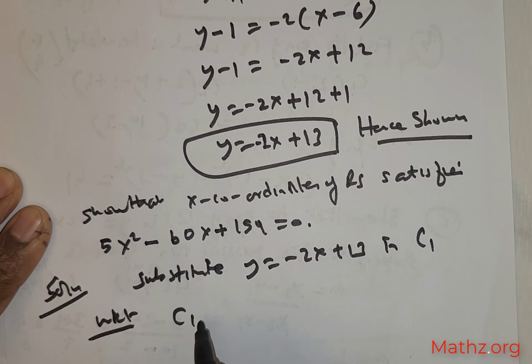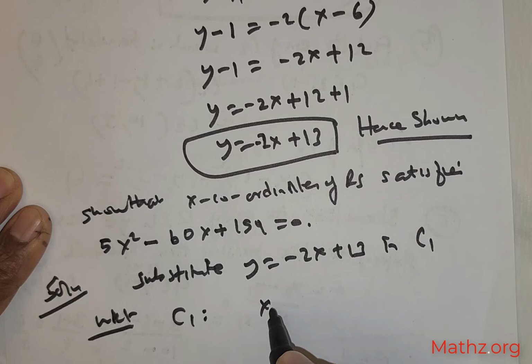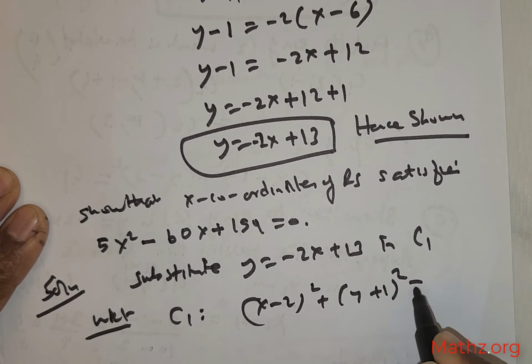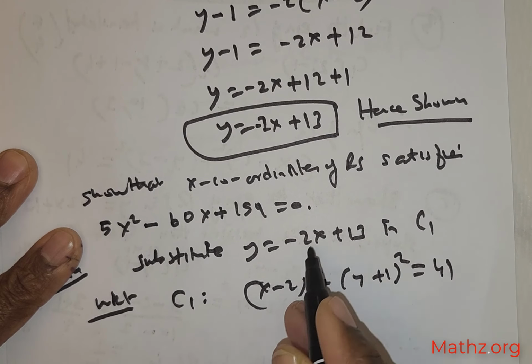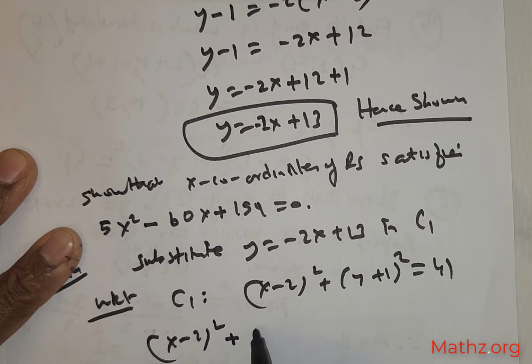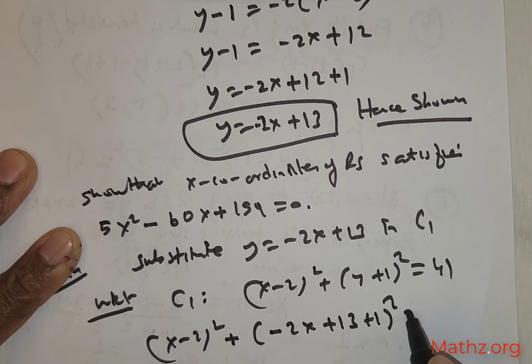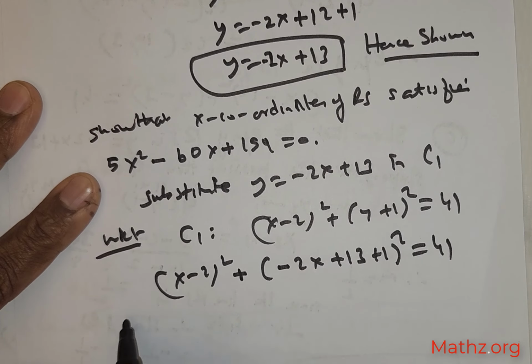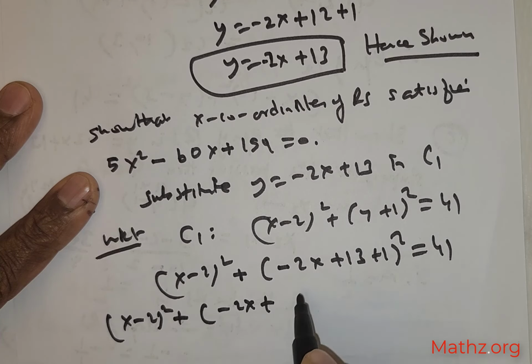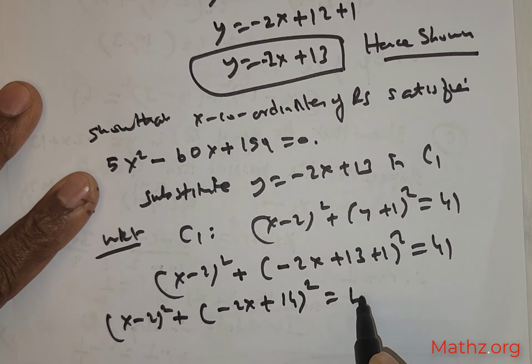So what is C1? (x minus 2) the whole squared plus (y plus 1) the whole squared is equal to 41. So we substitute this over here. (x minus 2) the whole squared plus (negative 2x plus 13 plus 1) the whole squared is equal to 41. This is (x minus 2) squared plus (negative 2x plus 14) squared equal to 41.